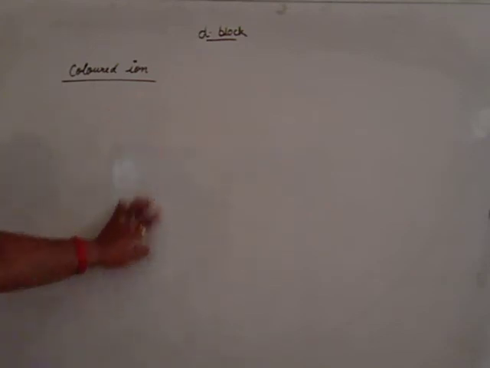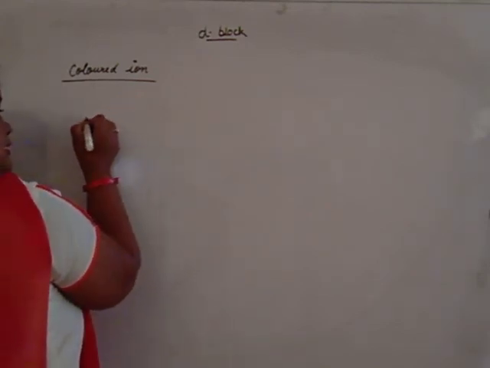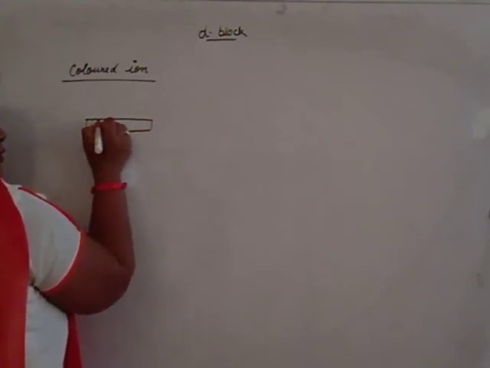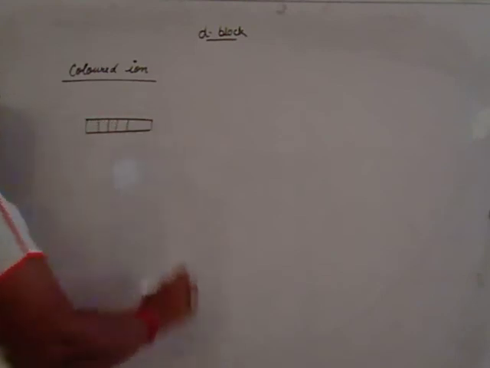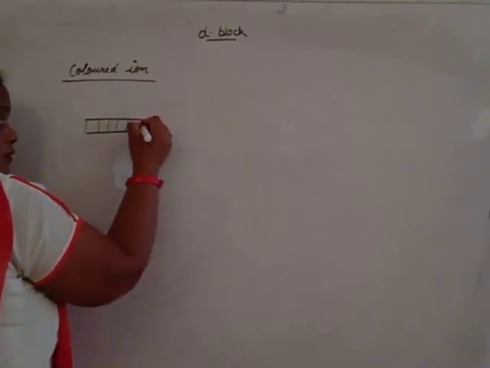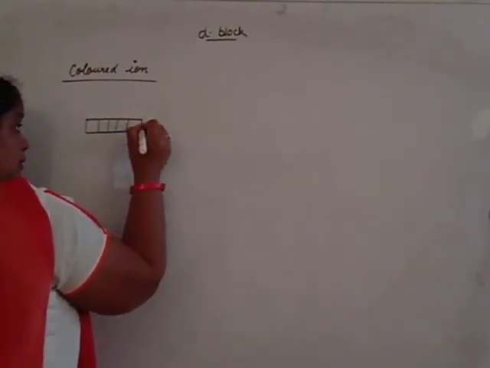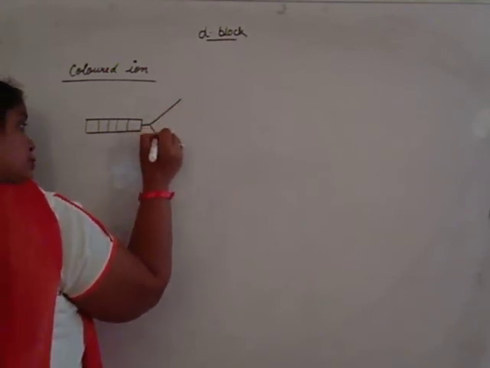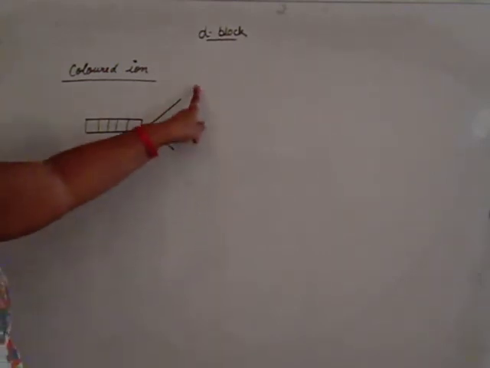Why does this happen? This is due to when donor species come in contact with the d orbitals. There are 5 d orbitals. When any donor species comes close to the 5 d orbitals having empty space, because of the presence of empty space, the d orbitals have a tendency to accept electrons from the donor species, and these d orbitals split into two parts, one with lower energy, one with higher energy.